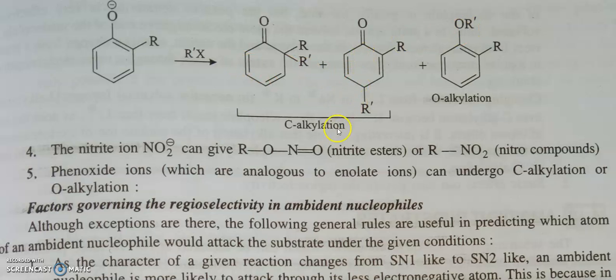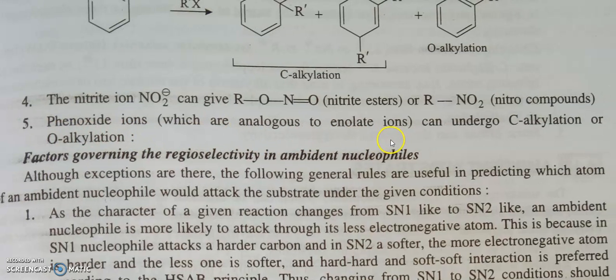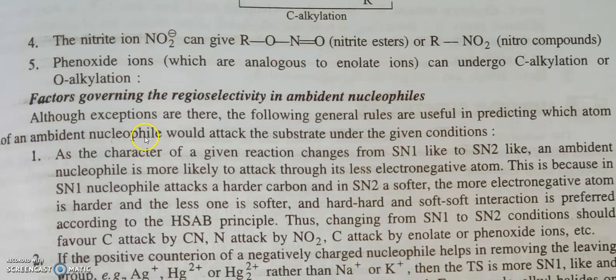These two are C alkylated and these are O alkylations. Now the next, the nitrite ion NO2 minus can give RONO, a nitrite ester, or RNO2, a nitro compound. Now next, phenoxide ions, which are analogous to the enolate ions, can undergo C alkylation or O alkylation.